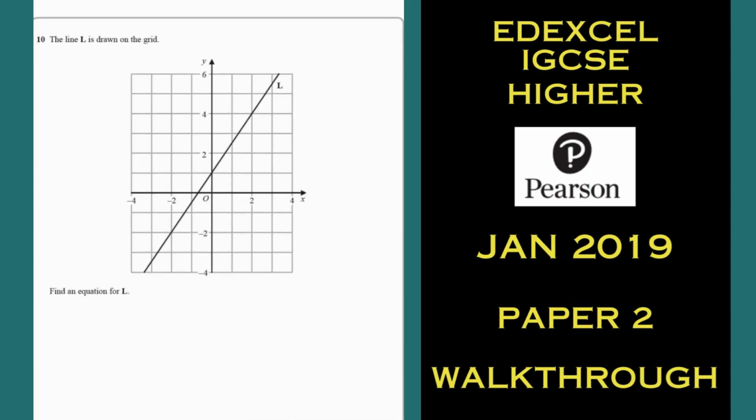Question 10. So whenever you're doing an equation of a line, your brain needs to think y equals mx plus c. The plus c is always the easy bit. It crosses at 1, so my answer will have a +1 on the end. The only question is what number's going to go in there. Let's get rid of the underline in case it's a fraction.